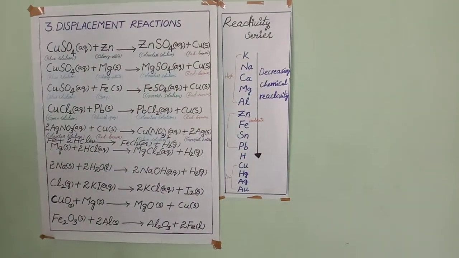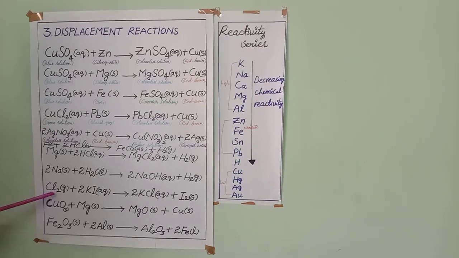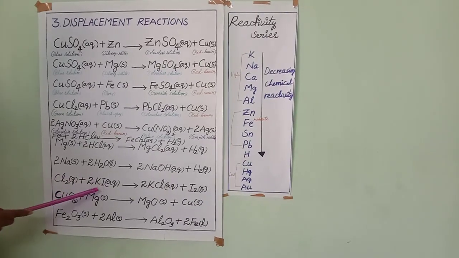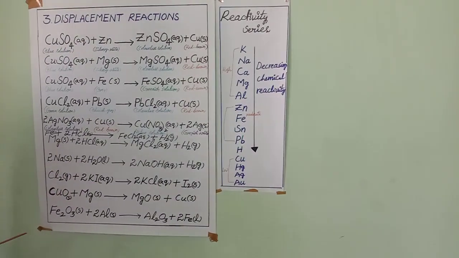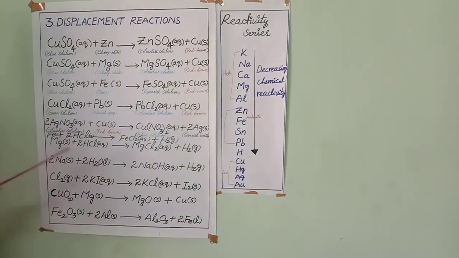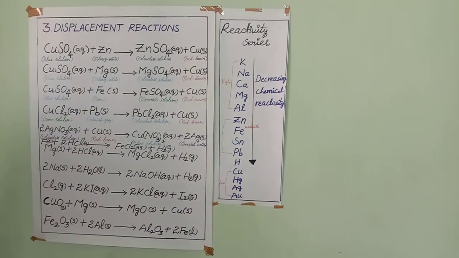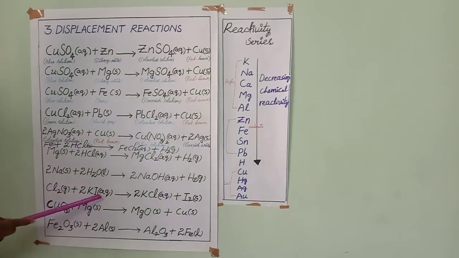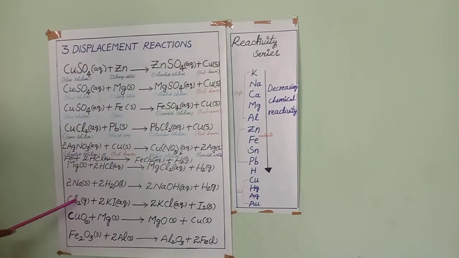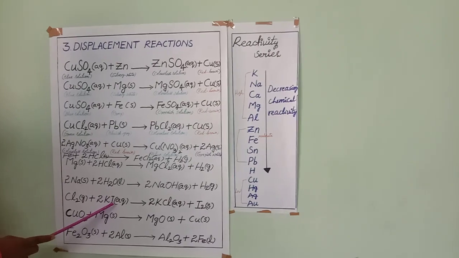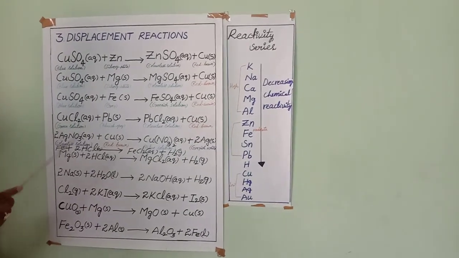And in a similar way we will see here chlorine, it is a non-metal. When it is reacting with potassium iodide, KI means potassium iodide. So when chlorine gas is reacting with potassium iodide, chlorine is more reactive than iodine, so that this chlorine easily displaces iodine and occupies the place of iodine.